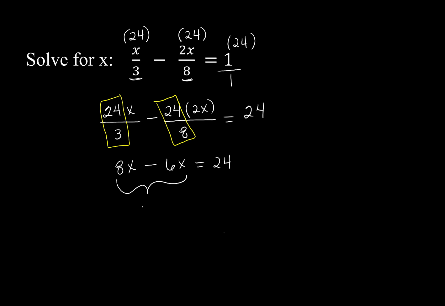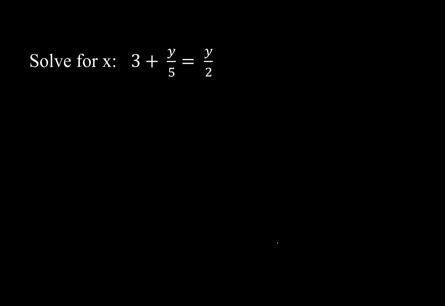Combining those together, this will be 2x equals 24, and then just divide both sides by 2. Okay, and then this problem, x equals 12.